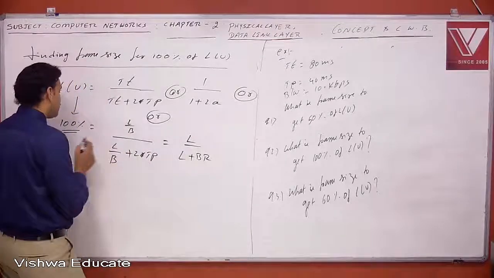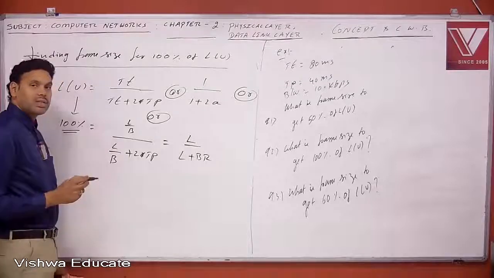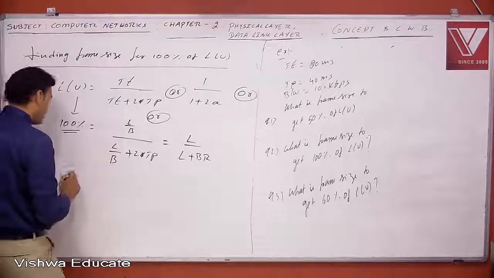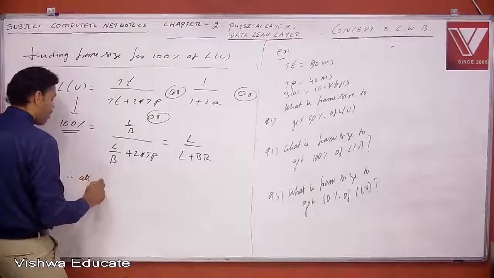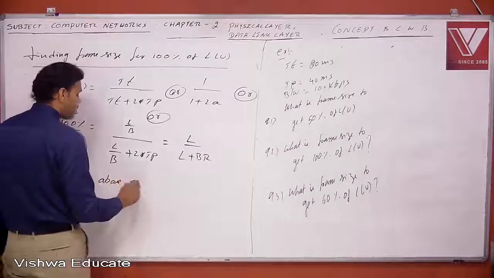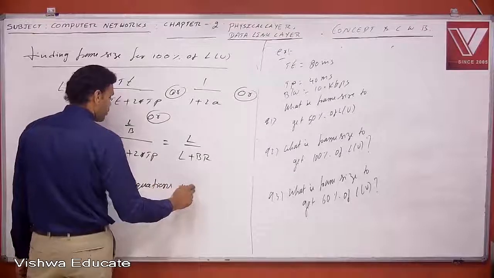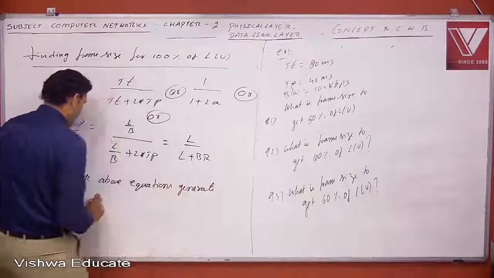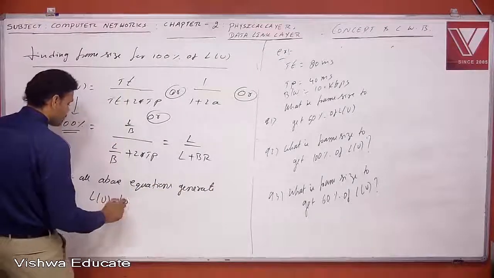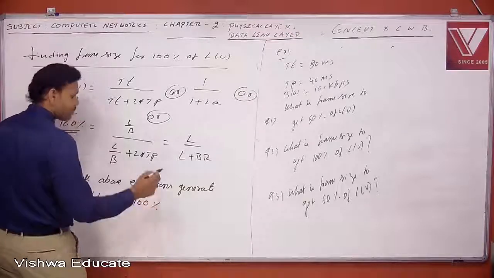These are all the equations that give 100% efficiency only. So therefore all the above equations generate link utilization of 100%.